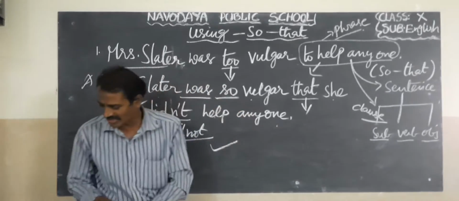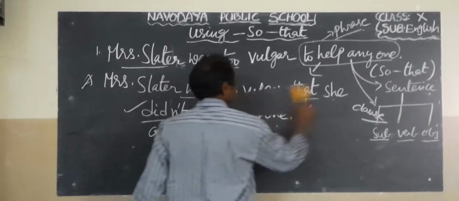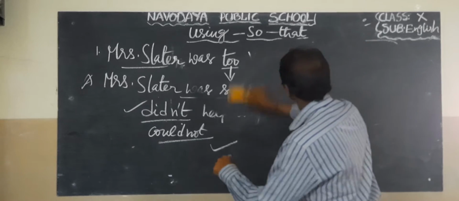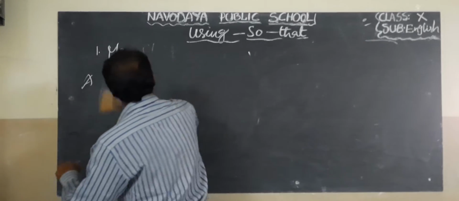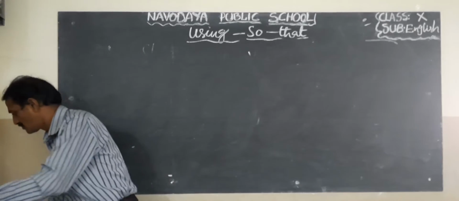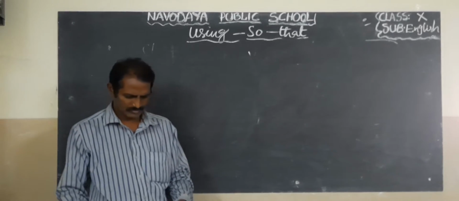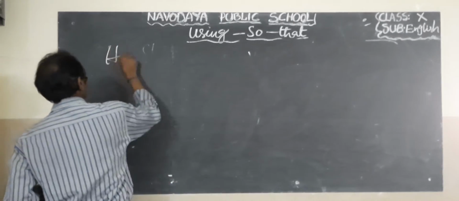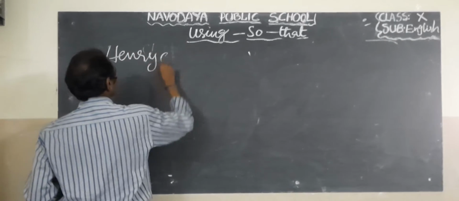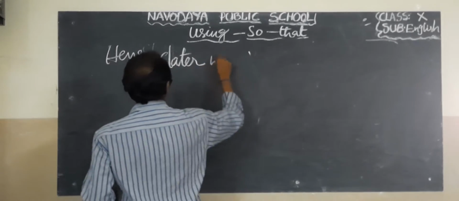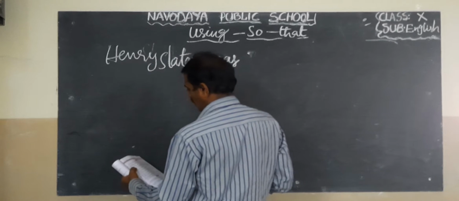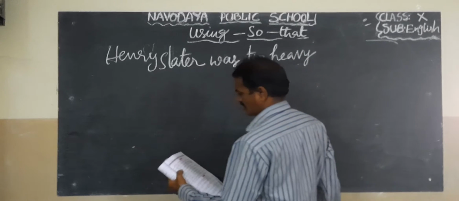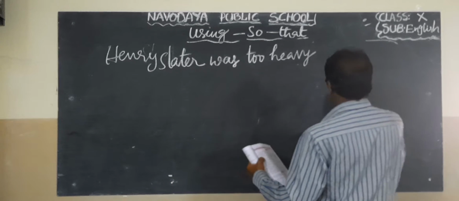Okay, children. Next example, see that. Henry's ladder was too heavy to move the bureau.